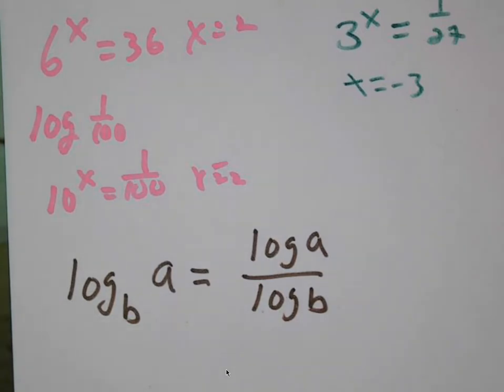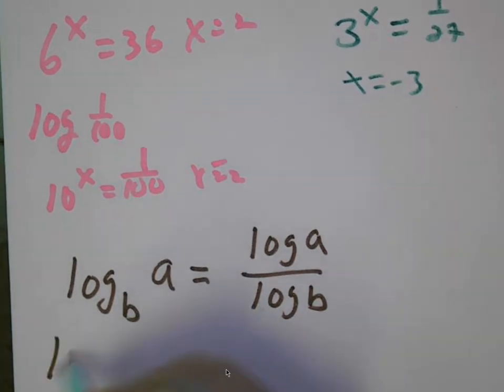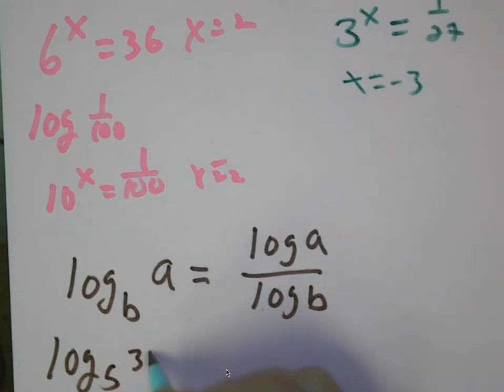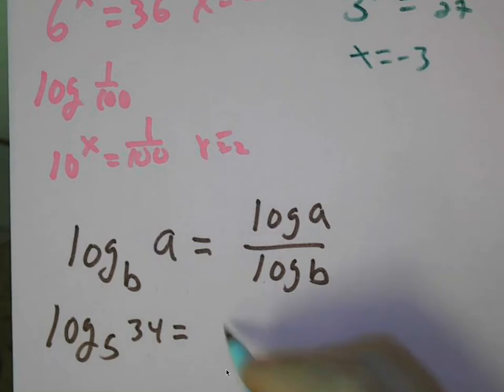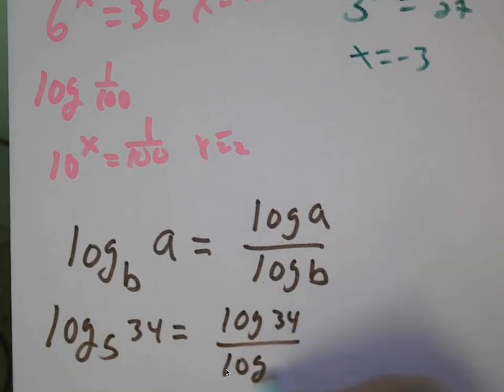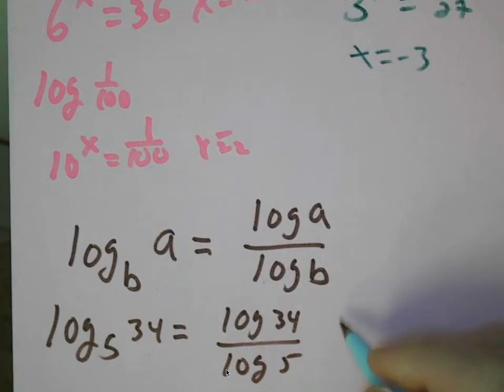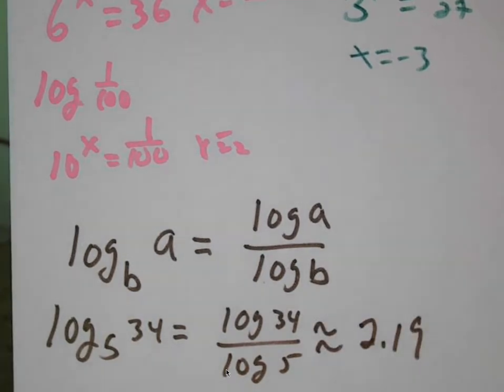That's how you punch it in on a calculator. So if I wanted to find log base 5 of 34 and I don't have a change of base button on my calculator, I can just do log 34 over log 5 and it'll get me the exact same answer, which is about 2.19. All right, so that works.